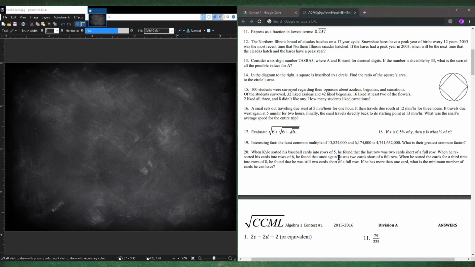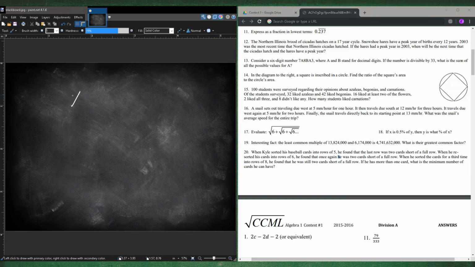Now question 18. If x is 0.5% of y, then y is what percent of x? So x is something percent of y, so we have to put it in here. So it's 0.5%.